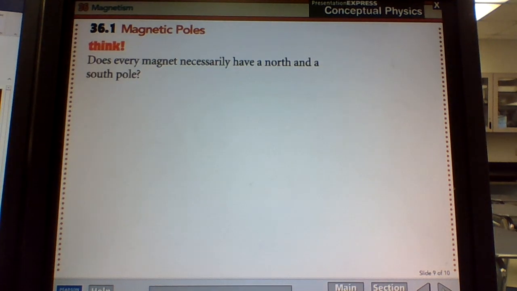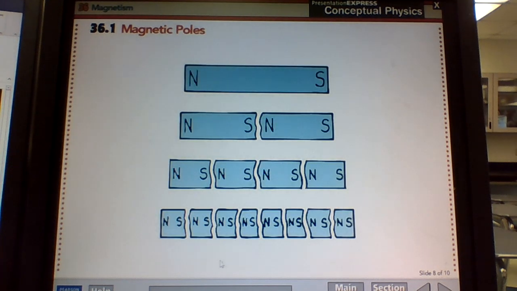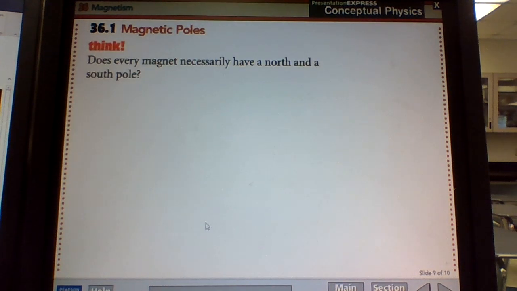And so if we were to carry this down to the atomic level, basically what we would see is that anything that is magnetic or has magnetic properties, the atoms themselves have a north and a south end to them. So does every magnet necessarily have a north and a south pole?